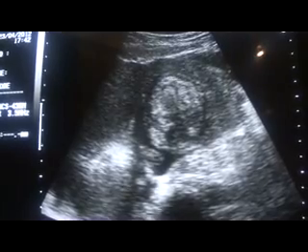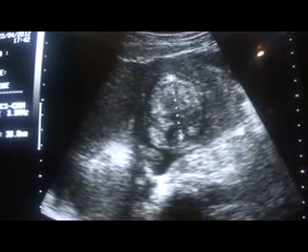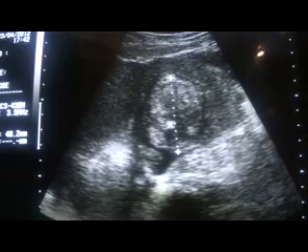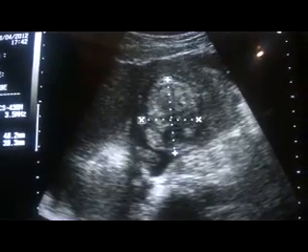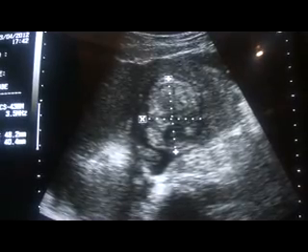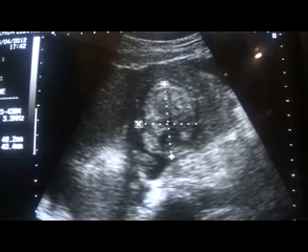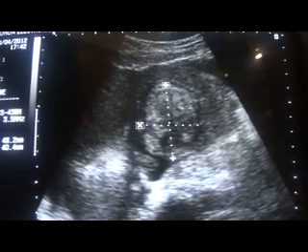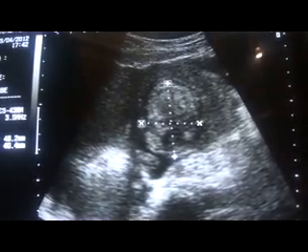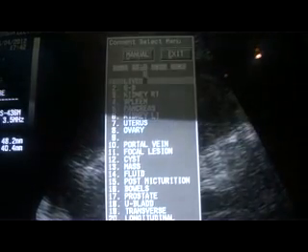So this is the uterus, longitudinal section. This is the uterus in transverse section, and the mass is in the posterior wall.